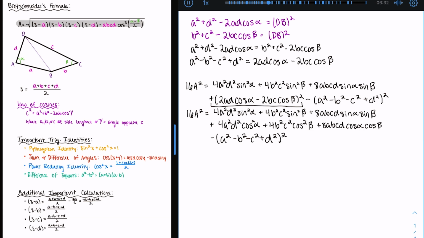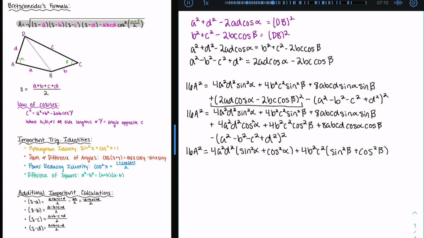Now there are some things that I can combine. So I have my 16a squared still on the left, and then I can combine my 4a squared d squared sine squared of alpha and the cosine squared of alpha. I can also combine my 4b squared c squared with the sine squared of beta plus cosine squared of beta.